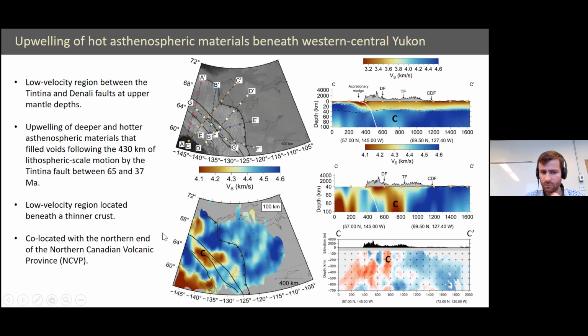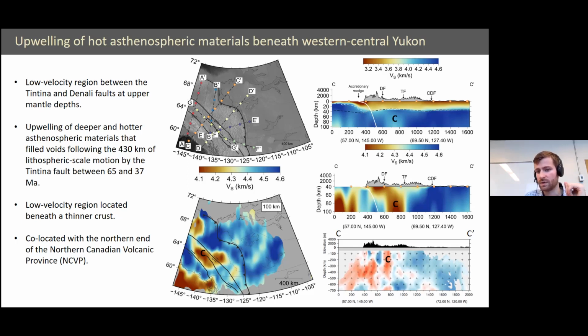Also, as I said earlier, the black dashed line shows the input Moho, and the white dashed line shows the output Moho obtained from the inversion of surface wave data. You see that the crust is thinner on top of this low velocity feature, so that could mean that we are having some thinning, like thermal erosion at the base of the crust here.